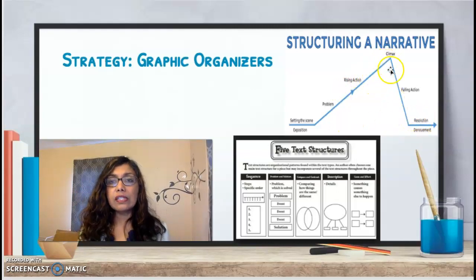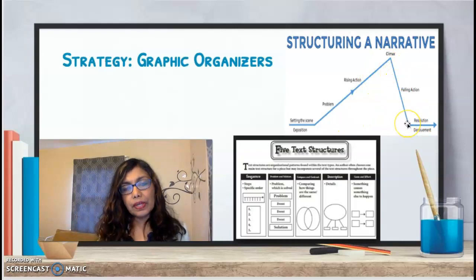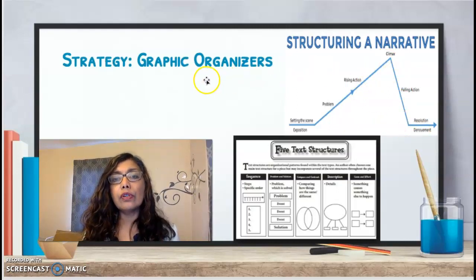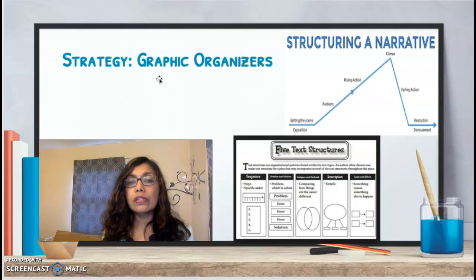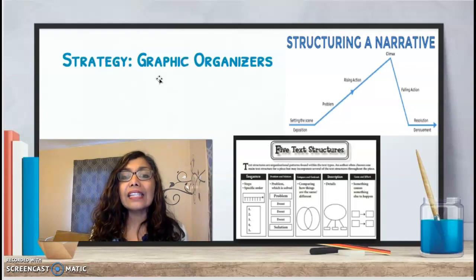Teach them how to discern and understand the text using a graphic organizer. You can do the same thing with those five different categories for expository text that we talked about. So a graphic organizer is a great strategy to organize the text and give your student an understanding of the text features of what they're reading.